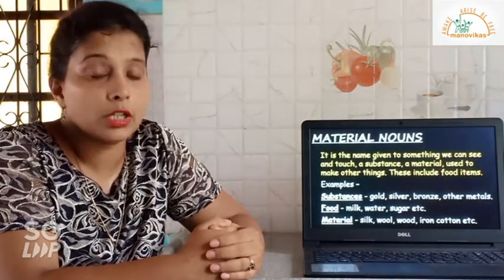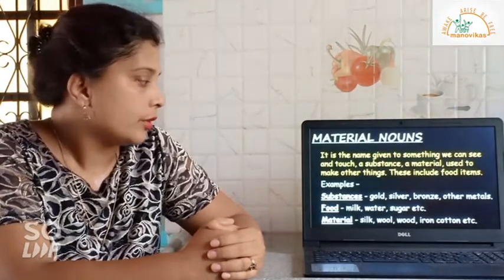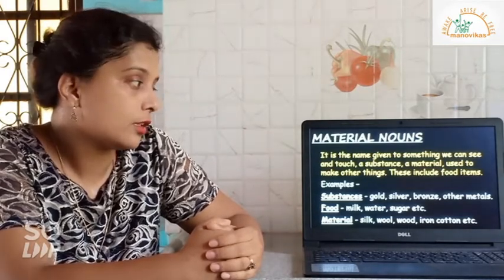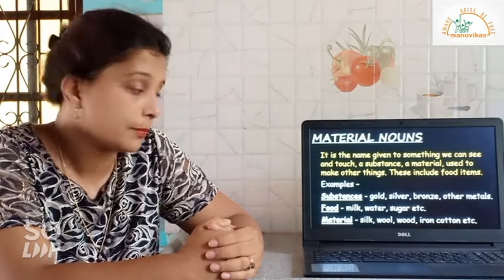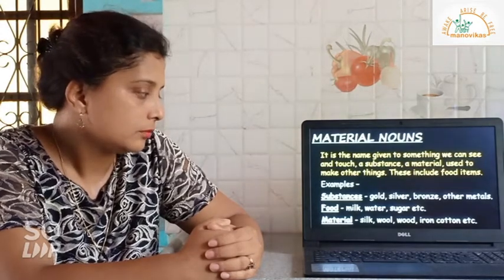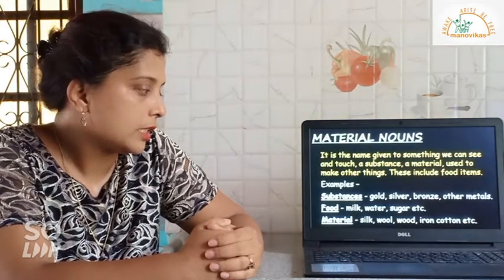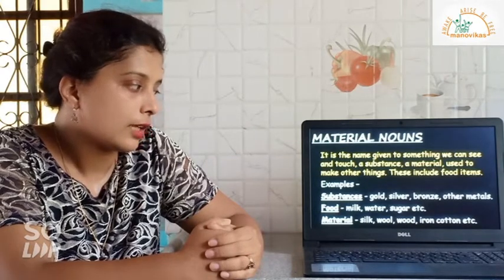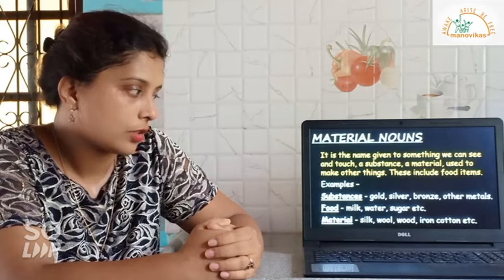These can also include food items. For example, substances like gold, silver, bronze and other metals. Food like milk, water, sugar, etc. Material like silk, wool, wood, iron, cotton, etc.